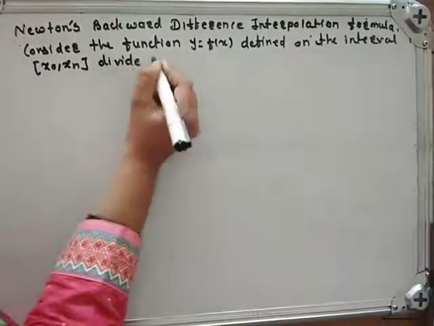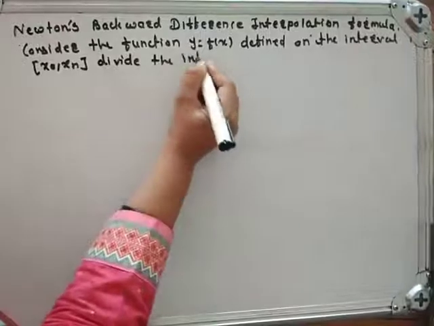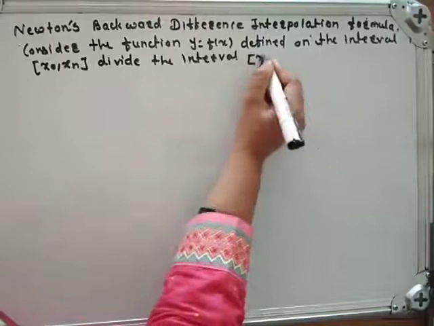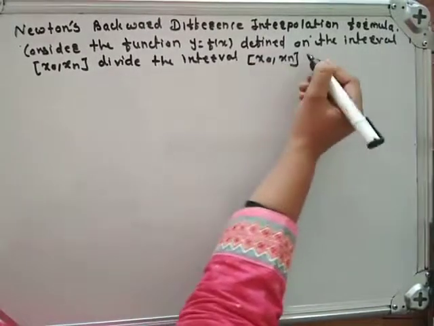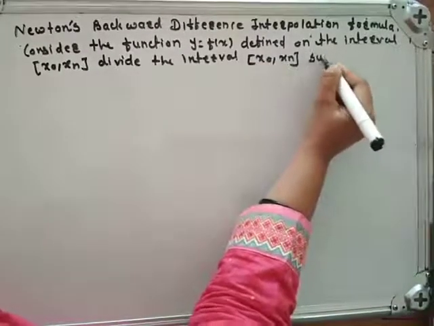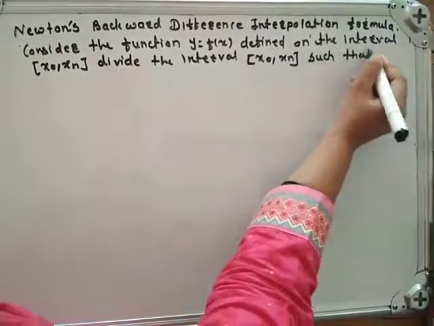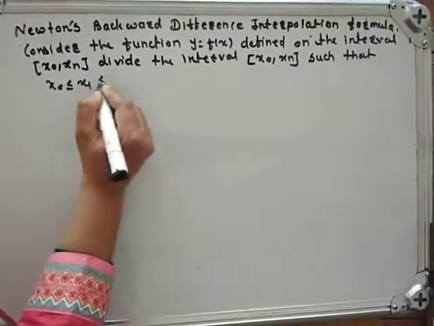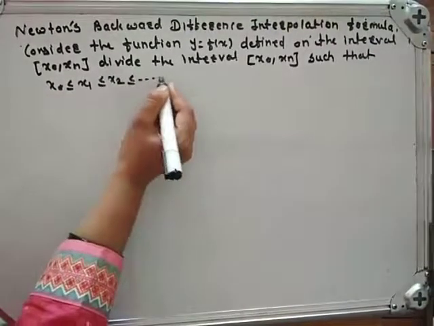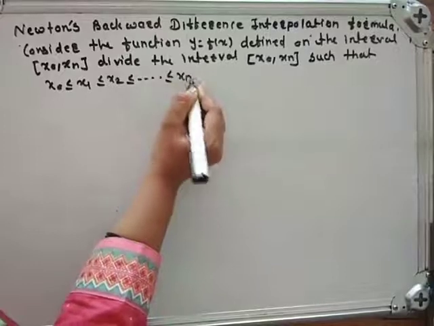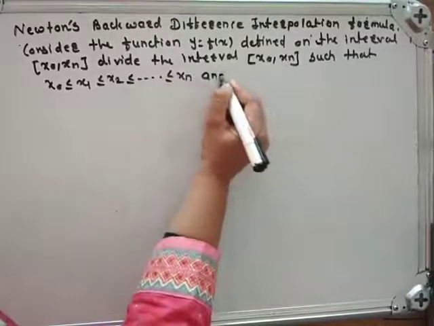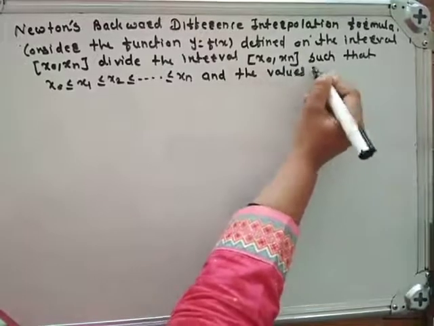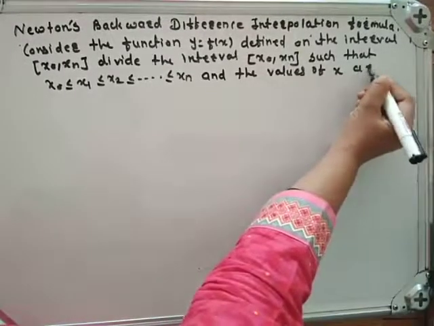Divide the interval [x0, xn] such that x0 ≤ x1 ≤ x2 ≤ and so on ≤ xn, and the values of x are equally spaced.